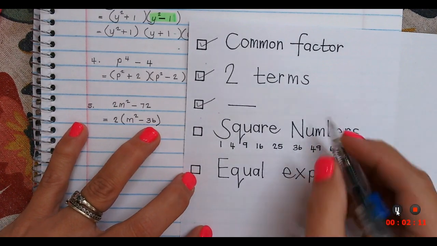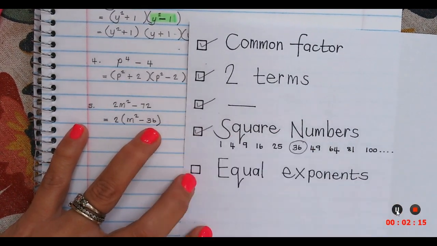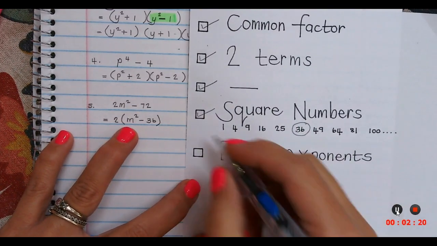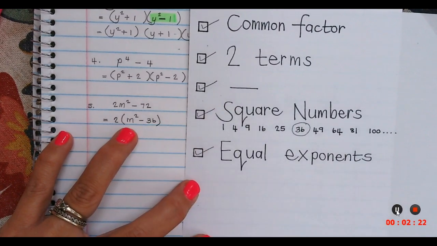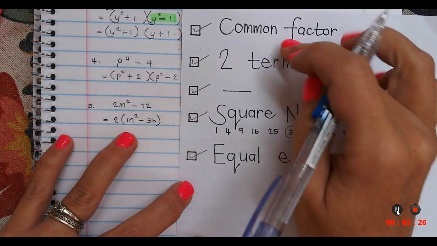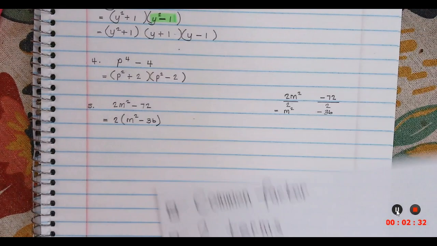If I look at 36, is that a square number? Yes, it is. Do the variables have an equal exponent? Yes, they do. So if I can go through all of these tick boxes, then whatever is left inside the bracket is going to be the difference of squares.